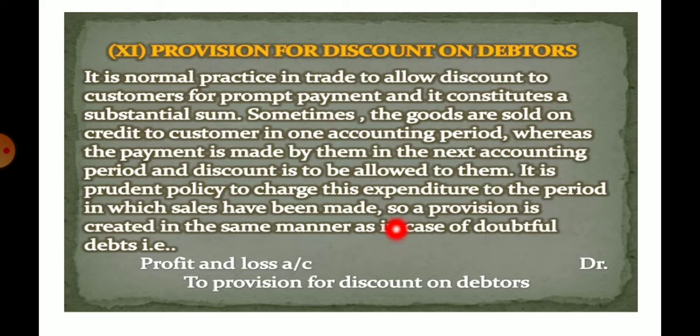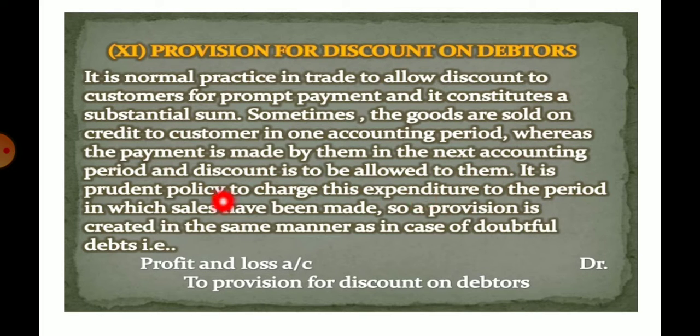Provision for discount on debtors. It is normal practice in the trade to allow a discount to the customer for prompt payment, and it constitutes a substantial sum. Sometimes the goods are sold on credit to the customer in one accounting period, where the payment is made by them in the next accounting period and the discount is to be allowed to them.